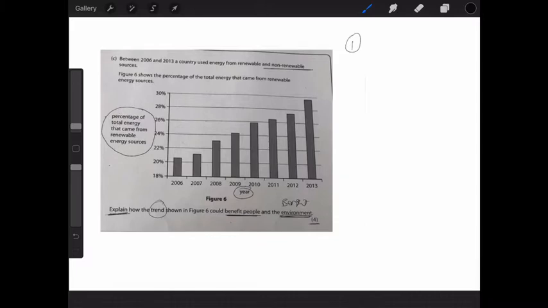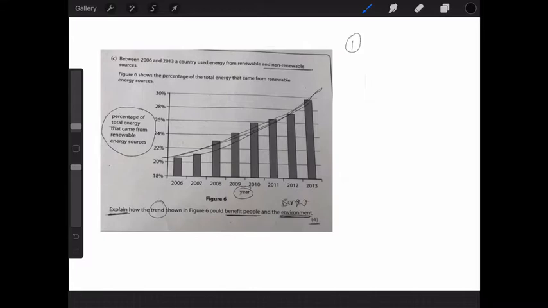As the time is going on, we can see there is an increase in the percentage of total energy that comes from renewable sources. So I would start with the idea that the trend here is that as time passes, more and more energy comes from renewable sources. The percentage of total energy that is renewable increases over time.